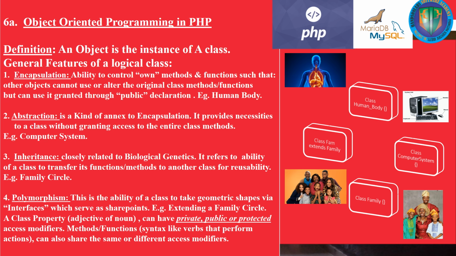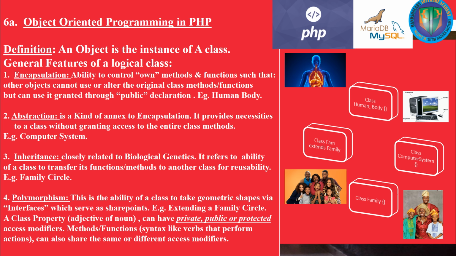Then, we should also bear in mind that a class property is conceived as an adjective of a noun. An adjective describes a noun. And conceptually in programming, these can have access modifiers like private, public, or protected.